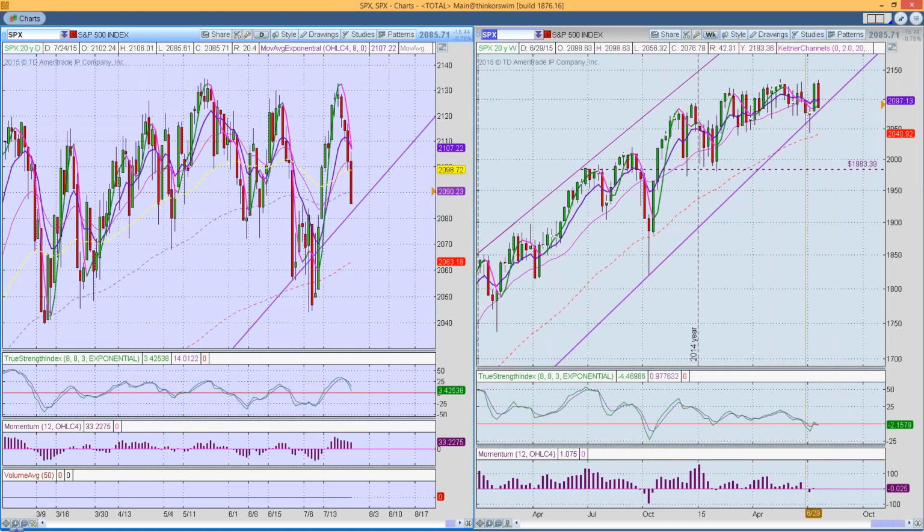And typically, generally, no matter the time frame, when you get that kind of combination setup, it's pretty bearish. We don't know what's coming next, but we can assume, just based on the setup, that there will be more downside to come.